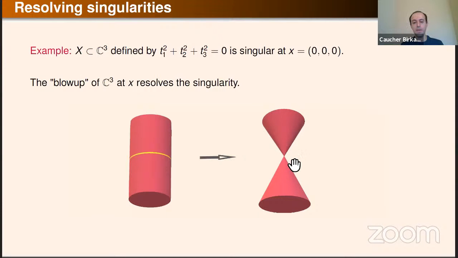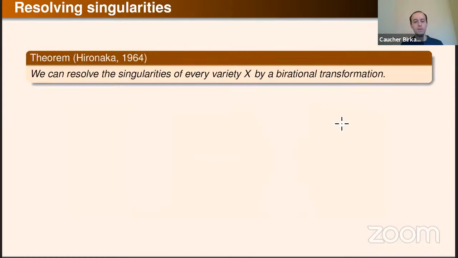So this shape here looks like two cones attached together at their vertex here at the singularity, and then this process turns it into something which looks like a cylinder where there is no singularity anymore. So these are the kind of thing algebraic geometers study, and it's a very nice topic.